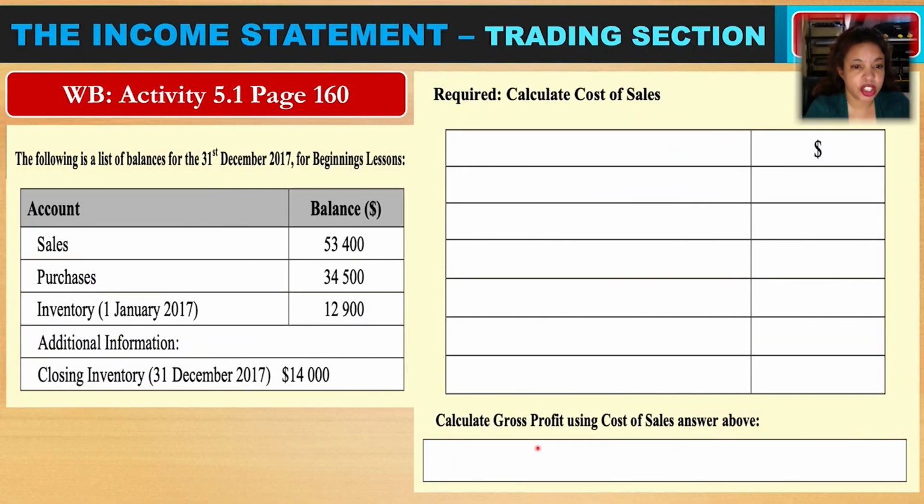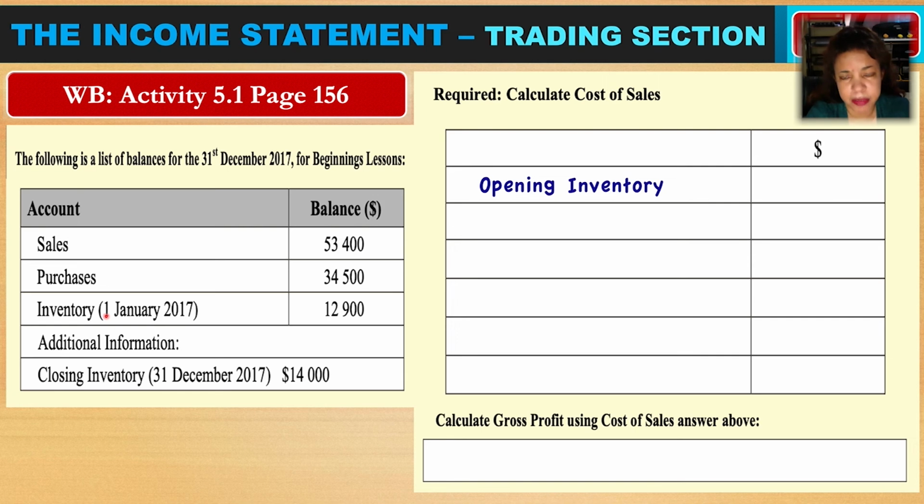So this one is in your books. Page number may be incorrect. It may be from an old one. So we're doing it here. We have calculate cost of sales. So what do you start with? Opening inventory. They didn't say opening inventory, but you have the date there, 1st of January.